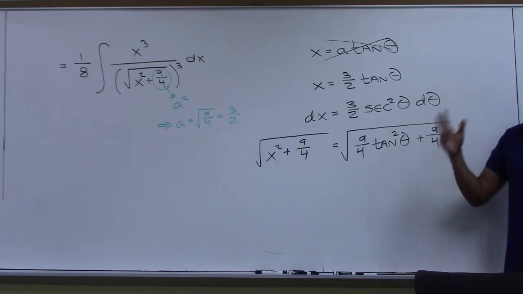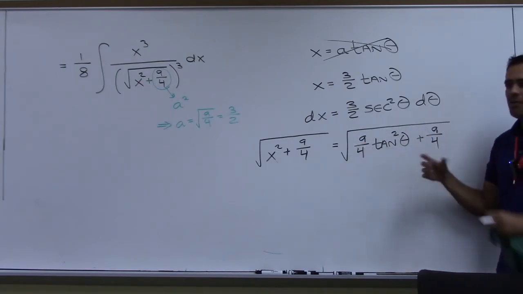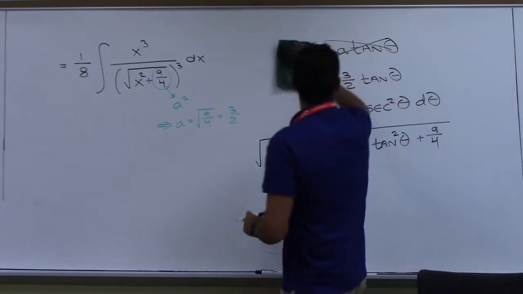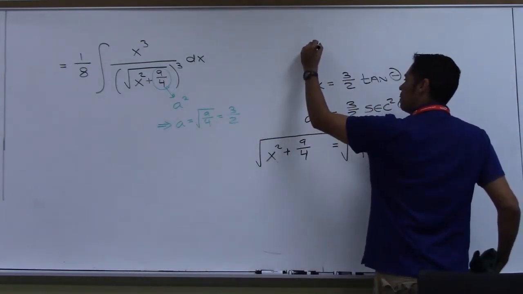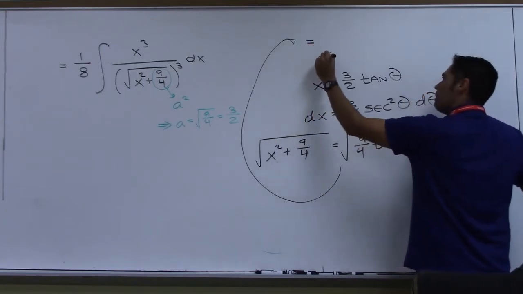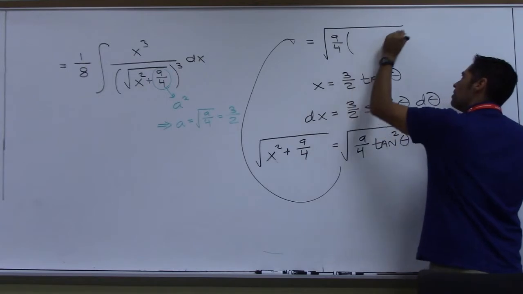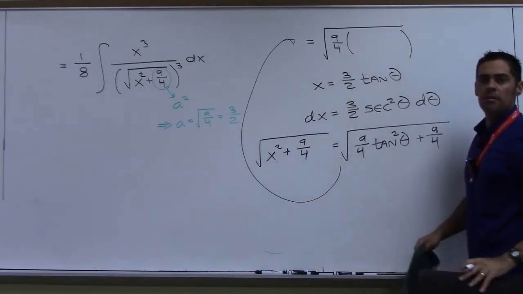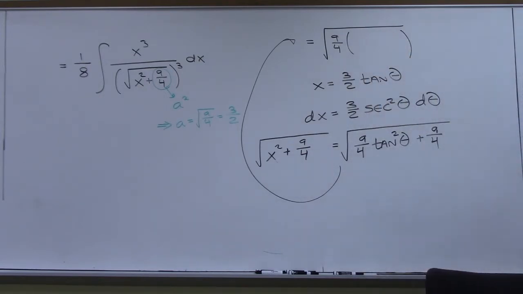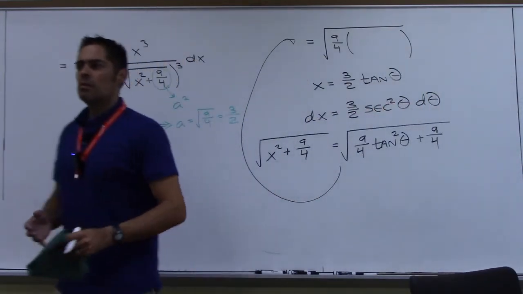That's going to happen every time. That's why we use trig substitution, because this will always have something that factors out, and what's left will simplify. So you're factoring out the 9/4. So this is going to be equal to 9/4, and when that 9/4 comes out, let's move on here.